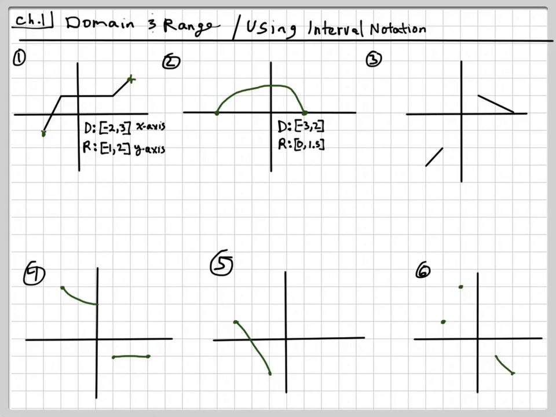The highest point looks like it's right there, and that corresponds to some number between y equals 1 and y equals 2. Let me just say that it's y equals 1.5. So the y values span from 0 to 1.5, and that is the range.